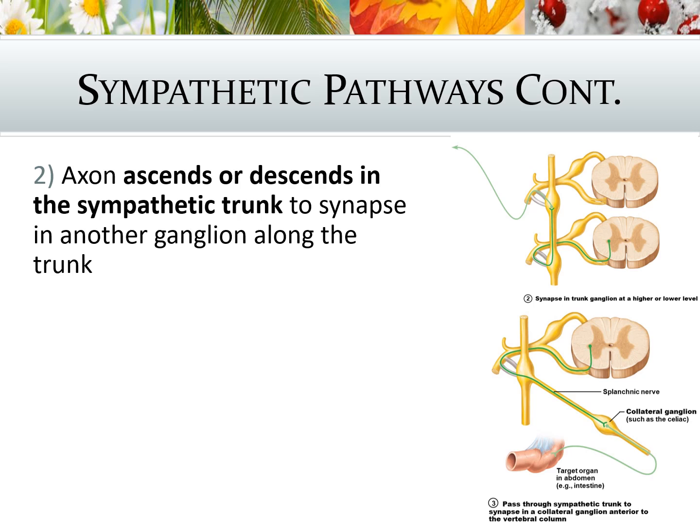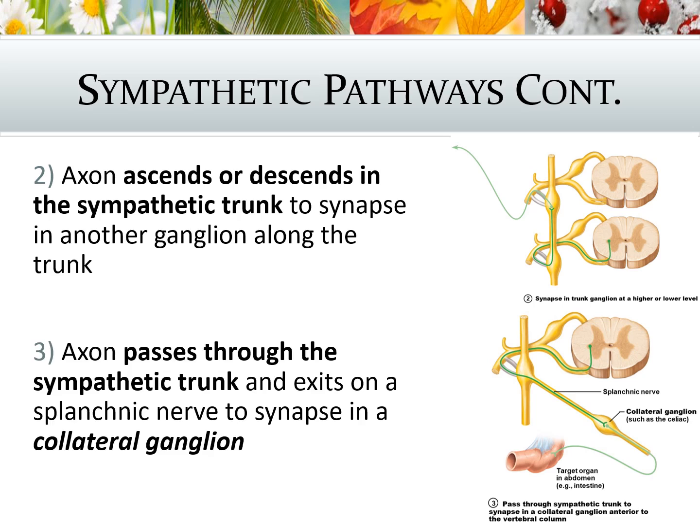So maybe it needs to reach someplace up in the head or lower in the abdomen, right? Because if we're just starting in the thoracolumbar region, we have a lot that is above and below in the spinal cord from where we're exiting. So that's our second option. We can either ascend or descend in that sympathetic trunk.